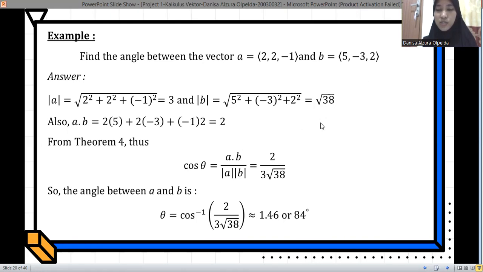So we substitute the values into this equation, and we get cos theta is equal to 2 over 3 root of 38. So the angle between A and B, theta, is equal to cos inverse of 2 over 3 root of 38, which is 1.46 radians or 84 degrees.